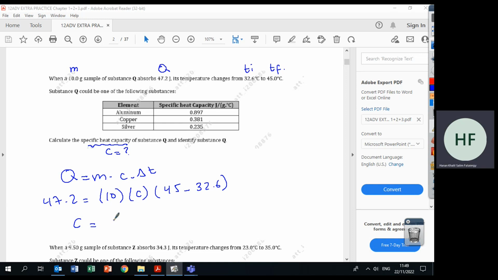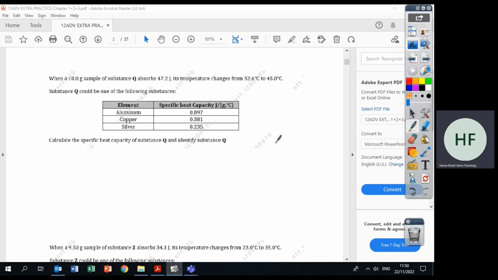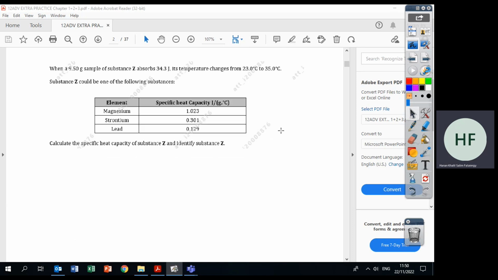Okay, C will be equal to, and if you want the unit of C, it is from here, joules over grams Celsius, and the substance will be copper. Identify substance Q, so we will say it is copper. Now, try by yourselves to solve the second question and find the answer.